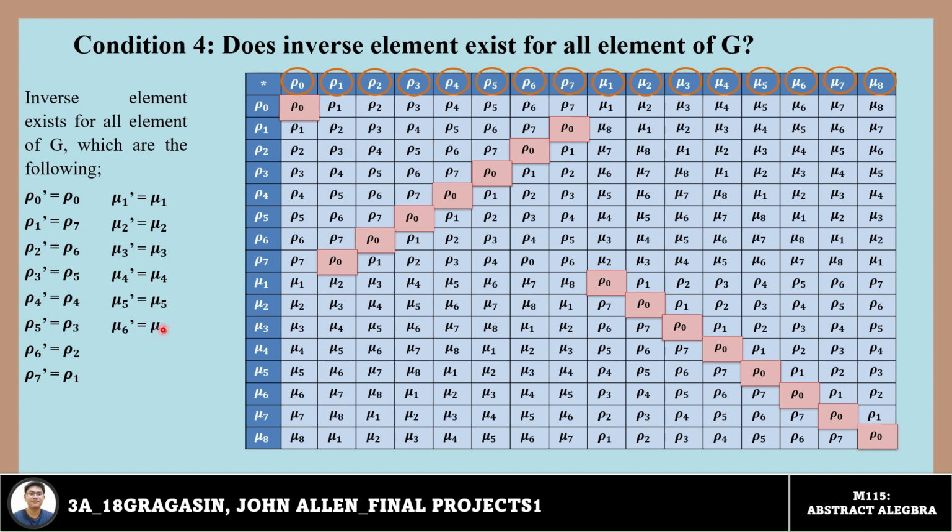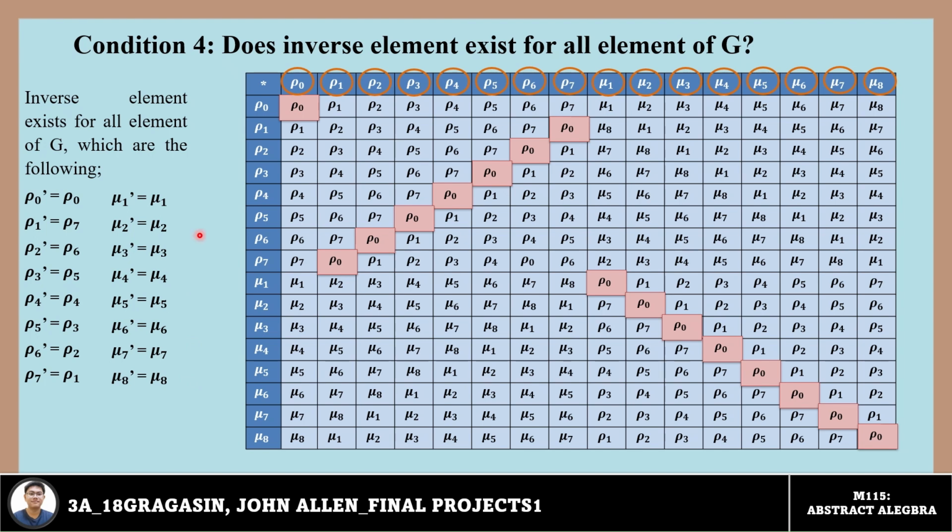The inverse of mu sub 6 is mu sub 6 as well. The inverse of mu sub 7 is itself. And the inverse of mu sub 8 is mu sub 8. As you can see here, this is mu sub 8 and this is the identity, and the element above it, or on the outer top, is mu sub 8. That is why this is our inverse element.